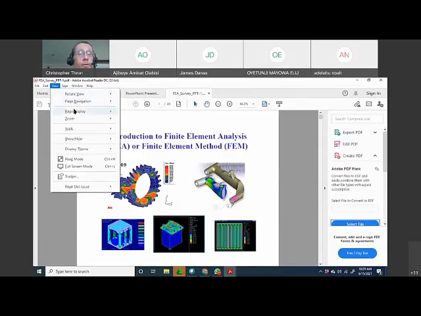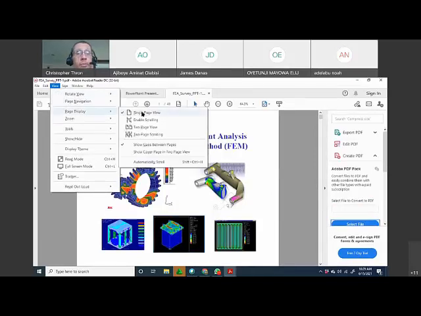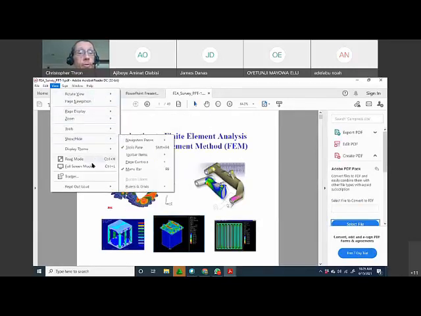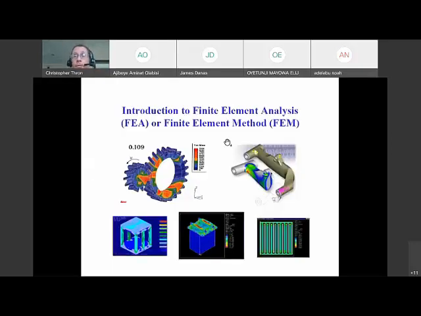Okay, so let's do this on full screen. All right, so you can see here a number of structures, and also what you would call a heat map.